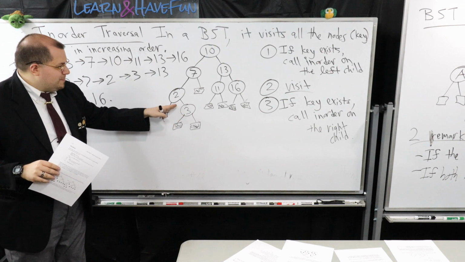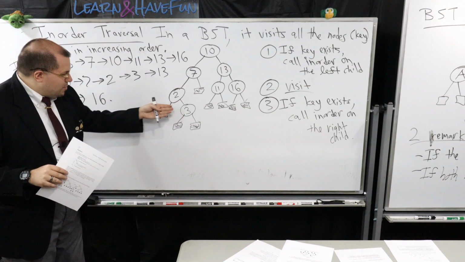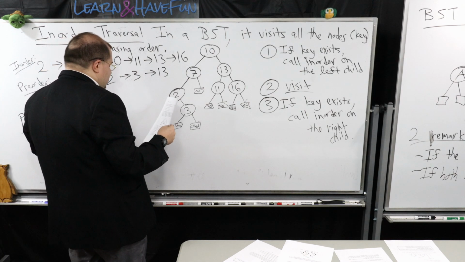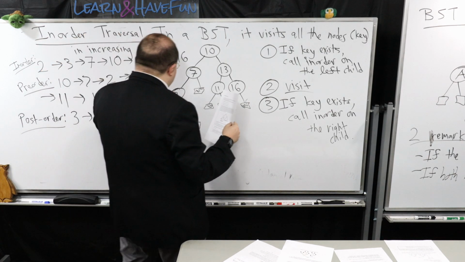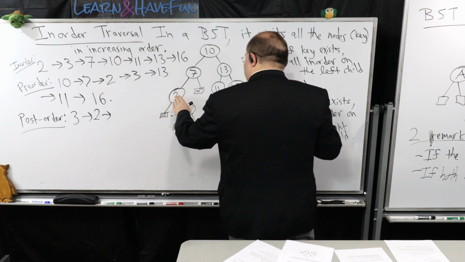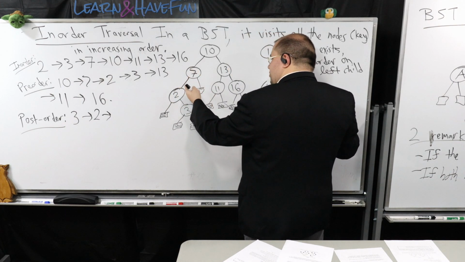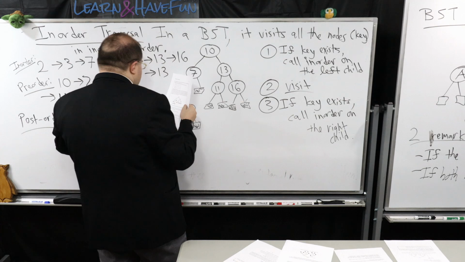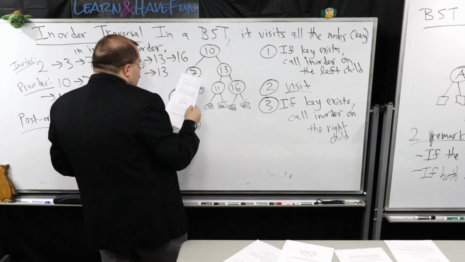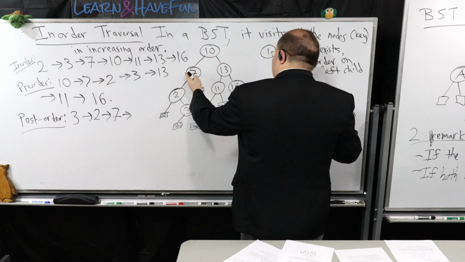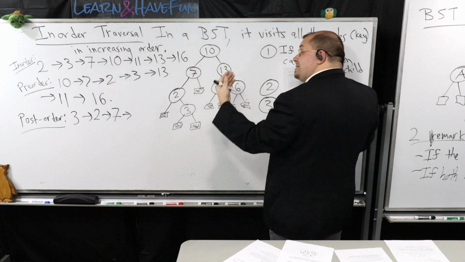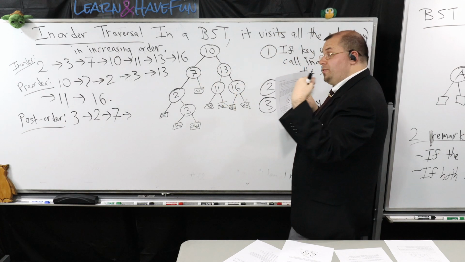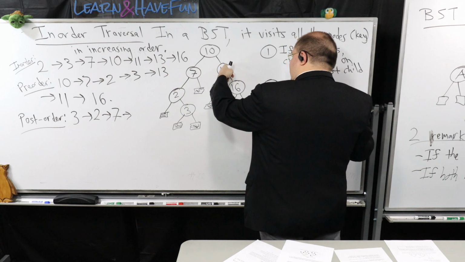I'm done here. Okay, so now I've examined all my children here. I'm going to visit 2. Now I'm done examining this right here. I have no other children here, so I could just get 7. And then I can go examine my next child over, right? Because I have to examine my children before myself, right? So I got my next child over here.